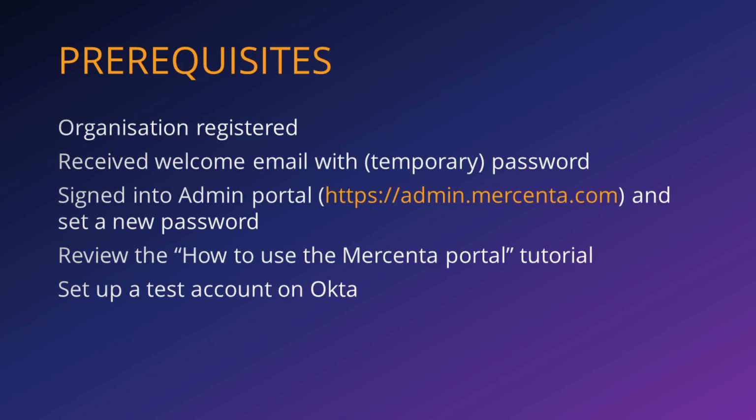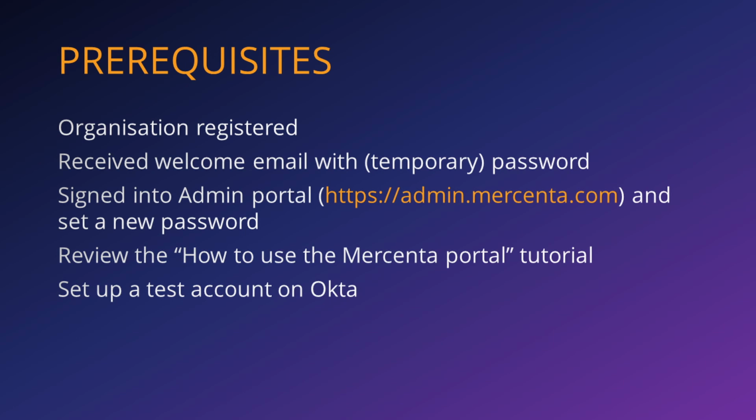Before we get started, make sure that you've registered your organization on our marketing website. If you haven't already and you need help, we have a tutorial on registering your organization on this channel. Once registered, you should have received a welcome email from Mercenta with a temporary password. If this isn't the case 2 hours after registering, then contact us at support@mercenta.com.